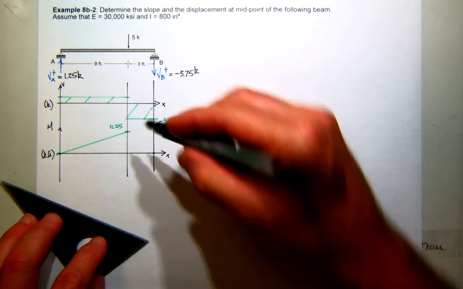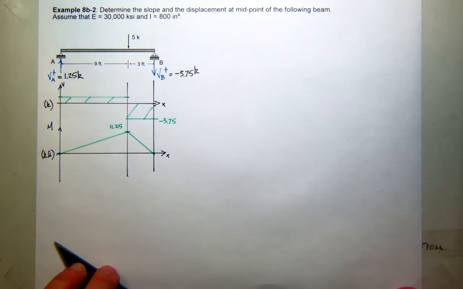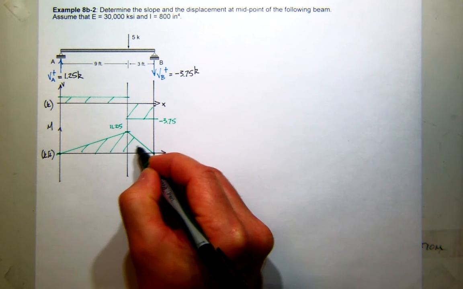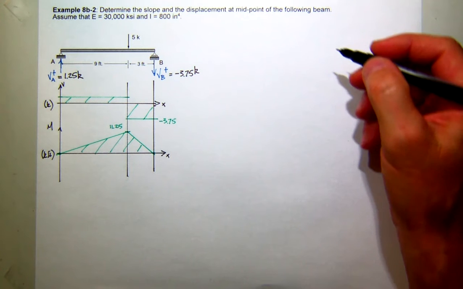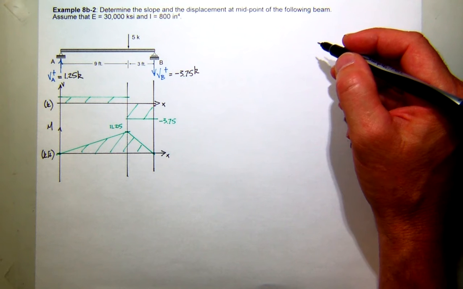The shear is constant, and it's negative, so constant negative slope. So there's my moment diagram. Any questions about that? In terms of moment diagrams, that one's pretty straightforward for what we've been working on.